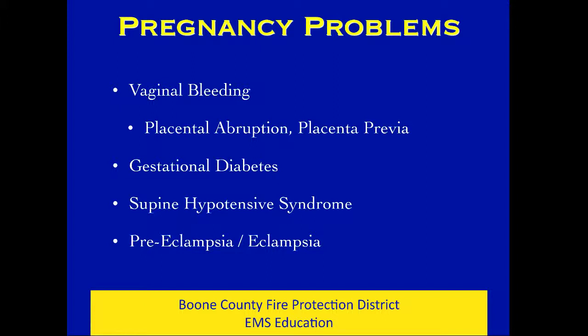An immediate C-section is the answer there. Placental abruption is probably a significant cause of spontaneous abortion, of miscarriage as well. Placenta previa is painless, but still vag bleeding, and that is where the placenta has attached inappropriately low. As the cervix starts to open up, then the bleeding becomes external.